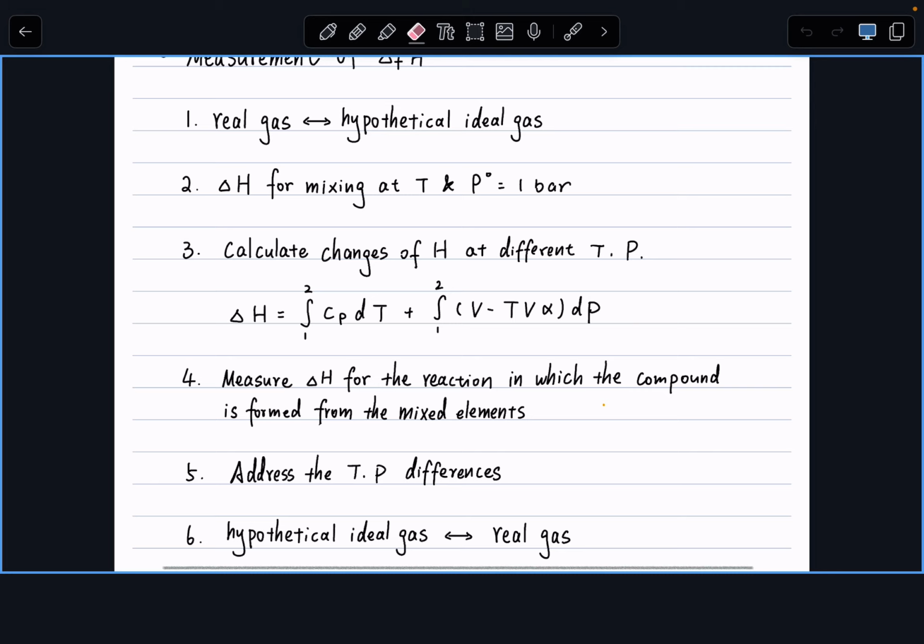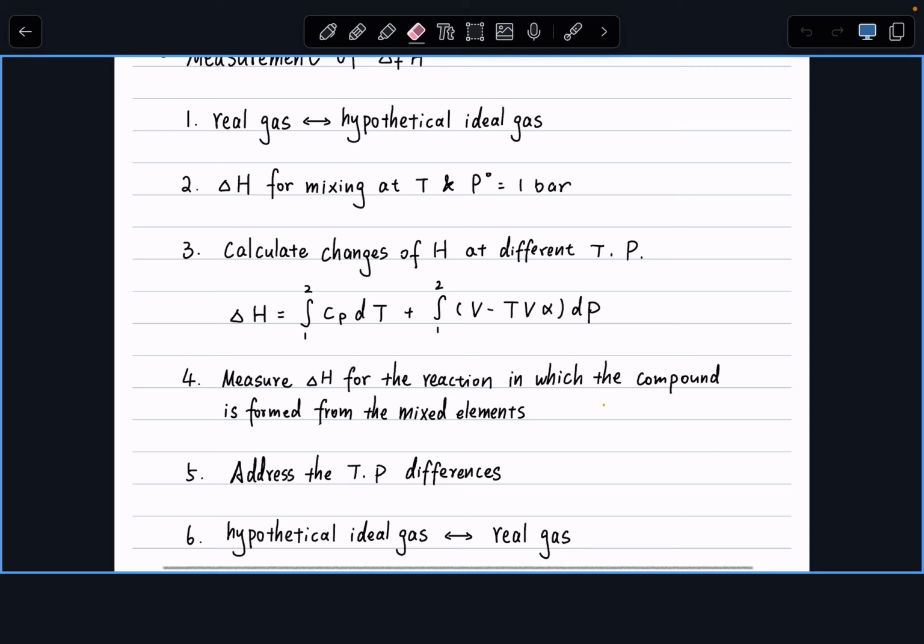But the problem here is that for all the gases, their standard states are ideal. So we're trying to find the delta H for reactions between ideal HCl gas, ideal hydrogen gas, and ideal chlorine gas. That's something we cannot directly measure, because technically speaking, in the lab, we do not have ideal gases, we have real gases.